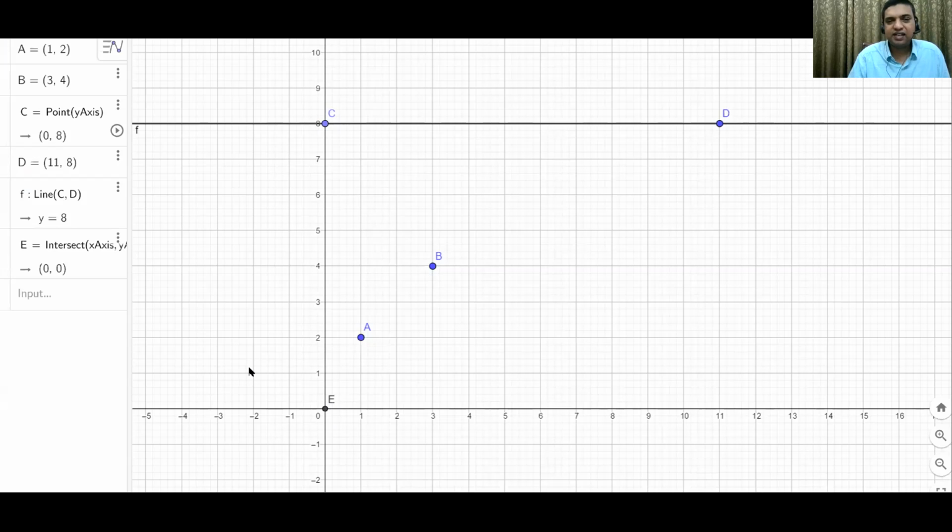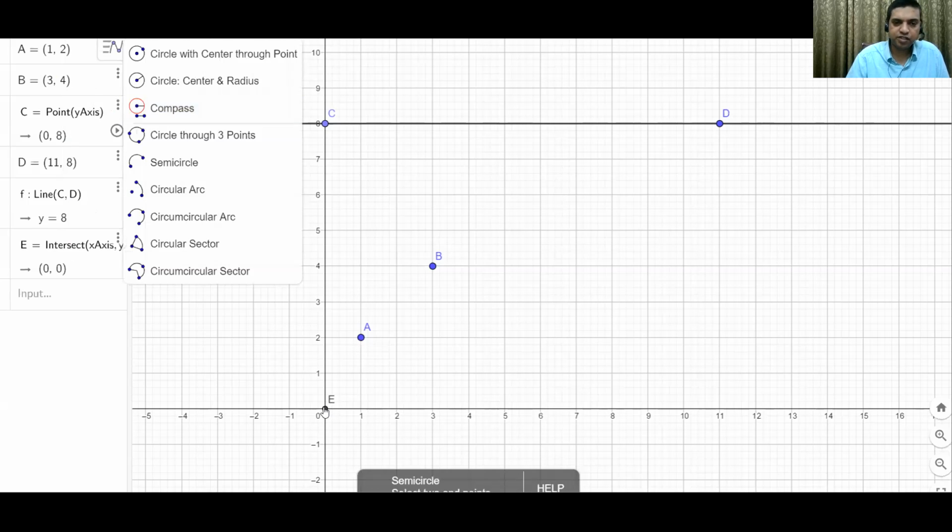Now we know that light travels in a straight line. So I will draw a straight line joining 2 points. Which 2 points?